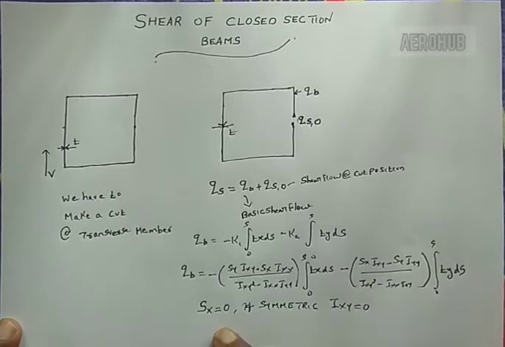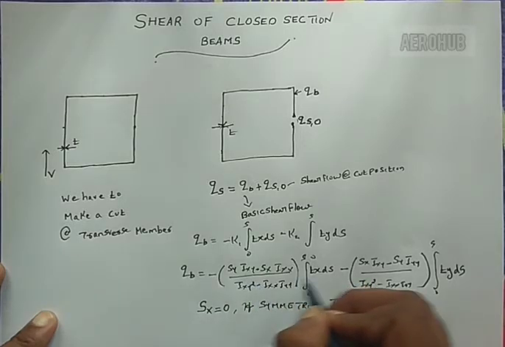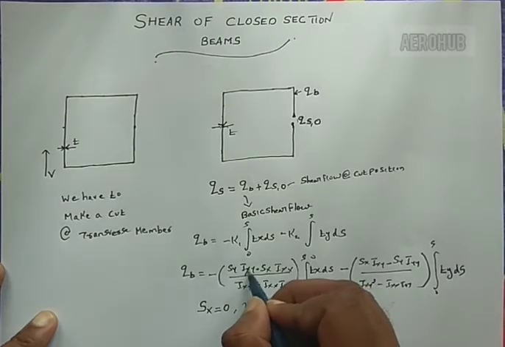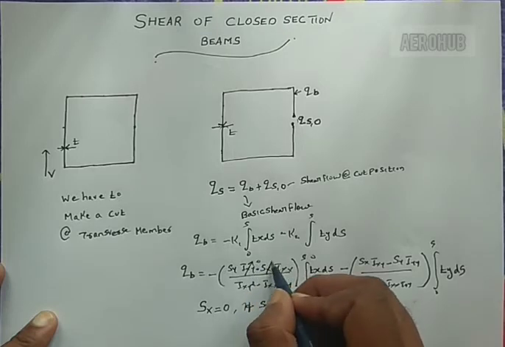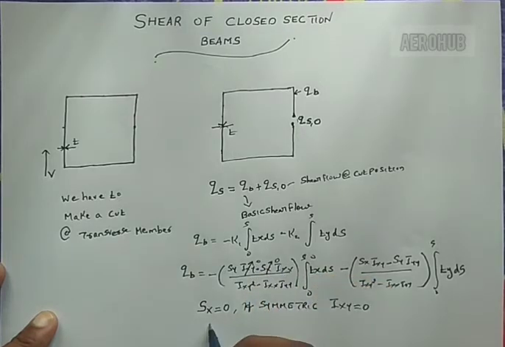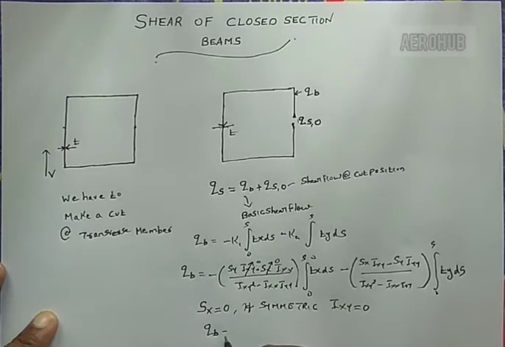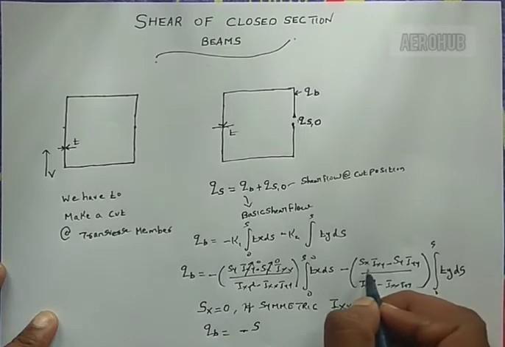Most of the problems we are going to do in airframe structures will have no shear force along the x direction and a symmetric section. So practically K1 will not be there, since Ixy is equal to 0 and we don't have Sx, and that term will be equal to 0.